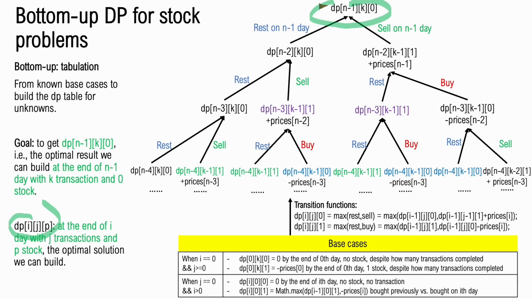So for the bottom-up approach, we start from the base cases with all the information we know, and then per the transition function we talked about, we start building from bottom to up the solutions to all the subproblems until we get the final optimal solution.